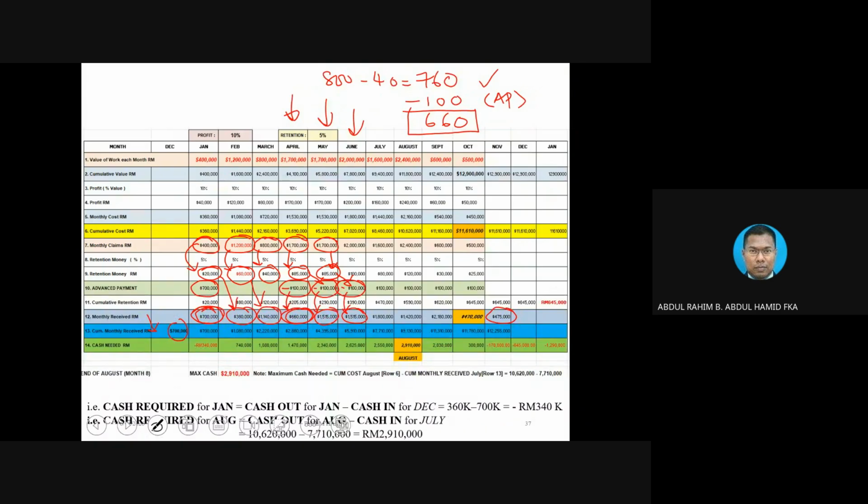And then, of course, since it is cumulative, January will be there. And then for February, 700 plus 380. Okay, so you get this amount. And the rest basically will be equivalent to the last portion here. That will be the cumulative.